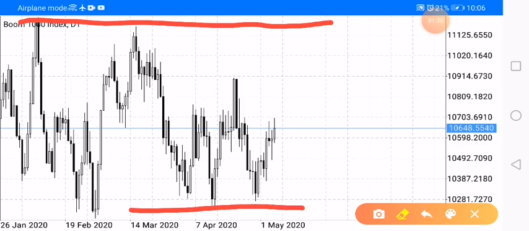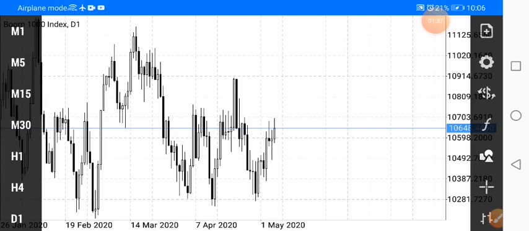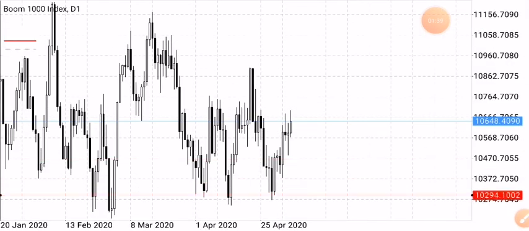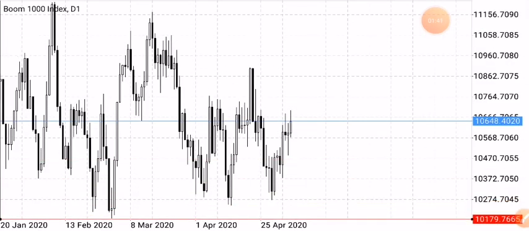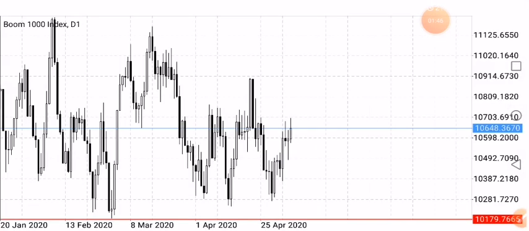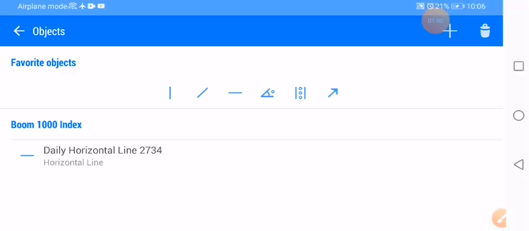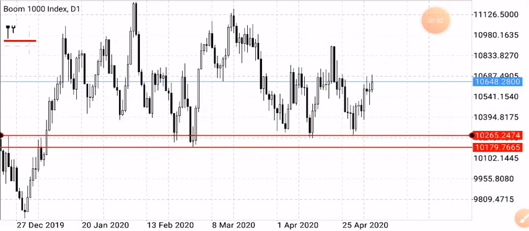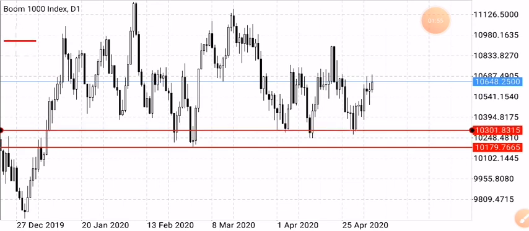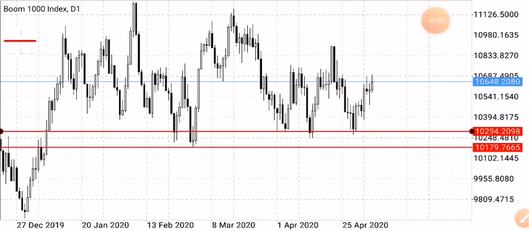Let me disable this and get my tools in order, put it here, make it thicker, probably like 3, so that it is visible for you guys. And put one here, actually around this point. And what am I drawing?